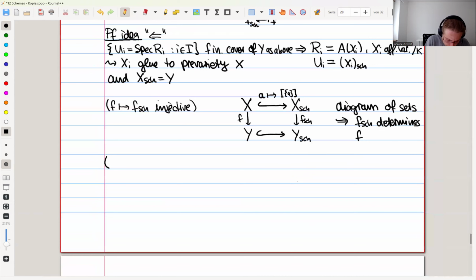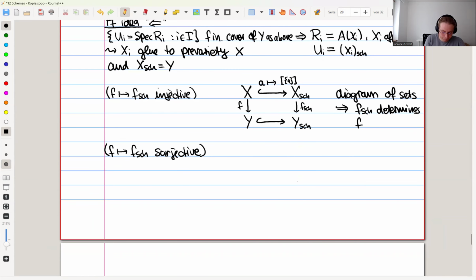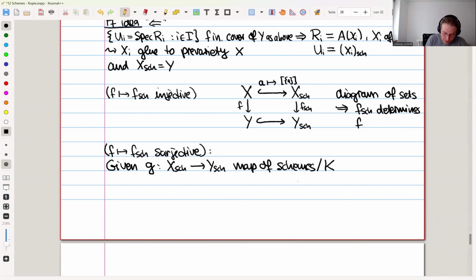And then we want to show that the surjectivity holds. And so we need to start with a map. So given G from X scheme to Y scheme, a map of schemes over K, then, well, what we do is we basically have to mimic this first part here.